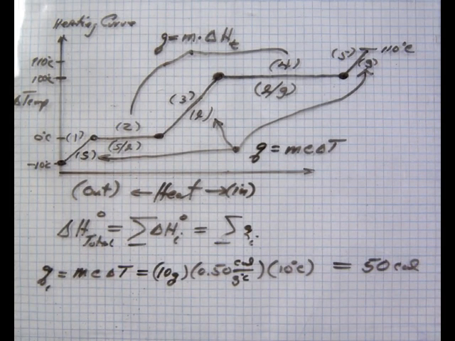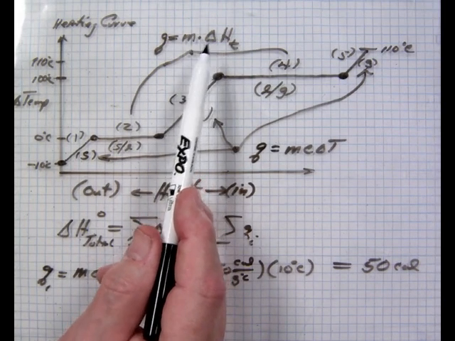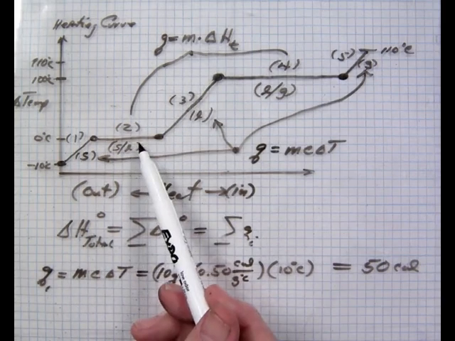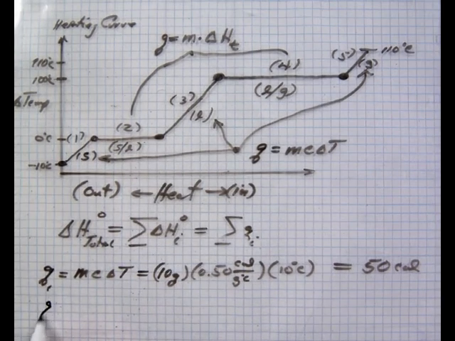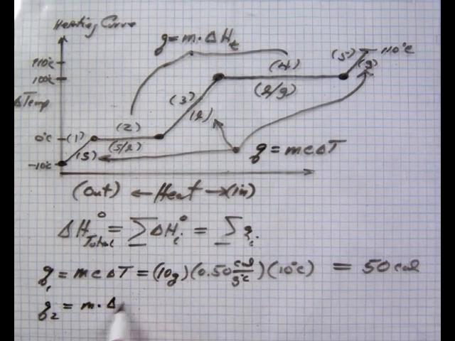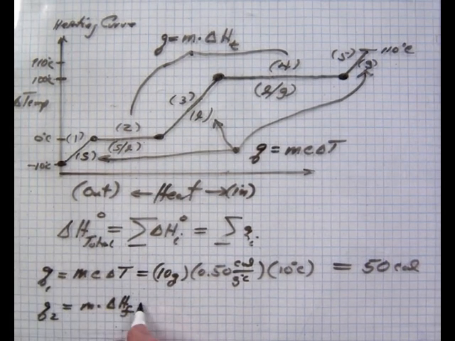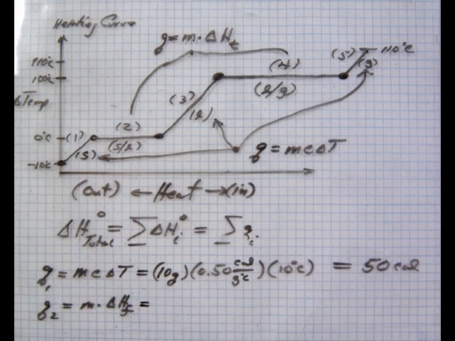Okay, now this takes us to the second plateau right here. Now two phases in contact, no temperature change. Well, then we'll use the Q equals M delta H transition, and delta H in this case is 80 calories per gram. So Q2 will be M times delta H transition, which is called the heat of fusion. And I'll write this out and put it online tonight if you want.